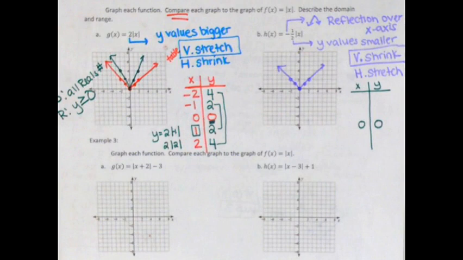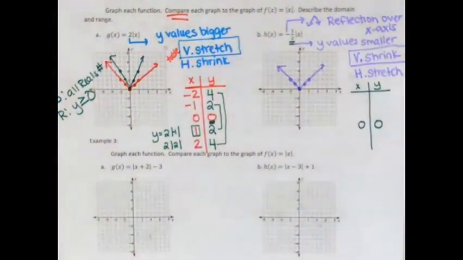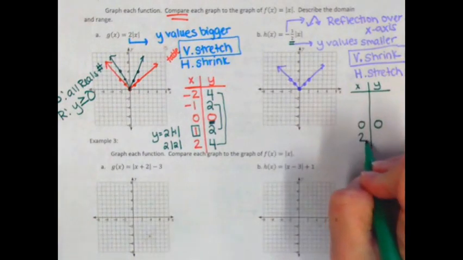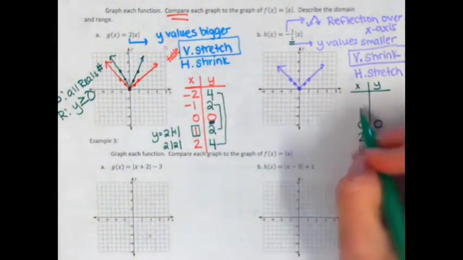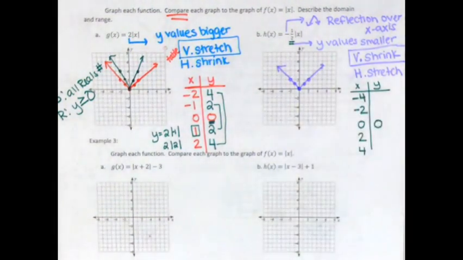We could still pick 1 or 2, but we're multiplying by a half. Can I divide 1 by 2? No, you get a half. So pick some numbers that are divisible by your denominator. What number can I divide by 2? 2 or 4. So I'll do 2 and 4. Is everyone okay with that?